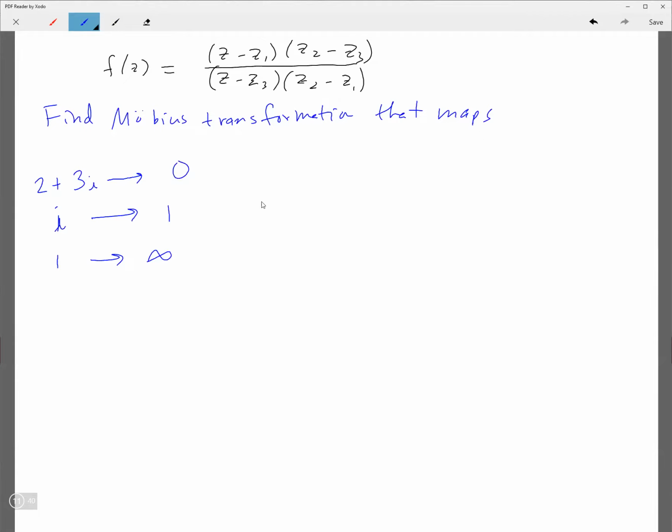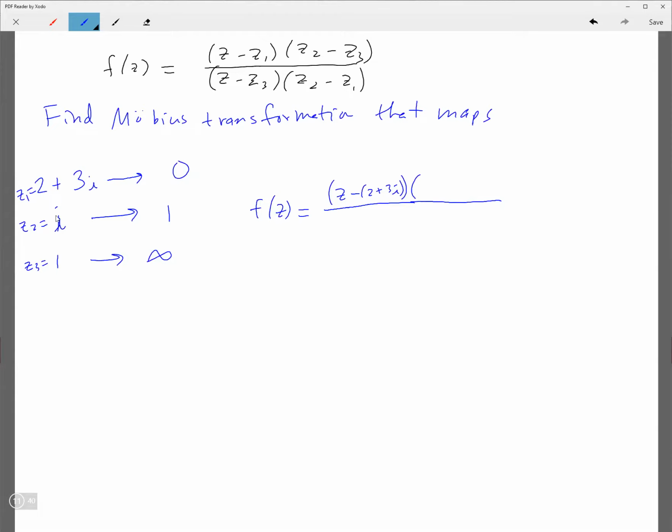We can write it down here, basically by making this one Z1, that one Z2, and that one Z3. So this becomes, you carry the Z over, minus 2 plus 3i.